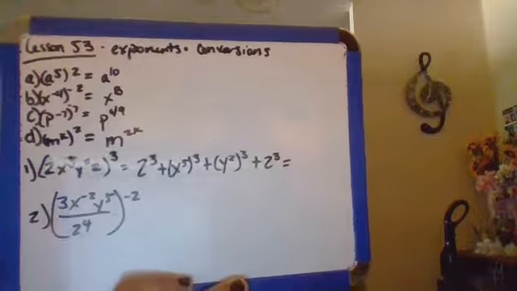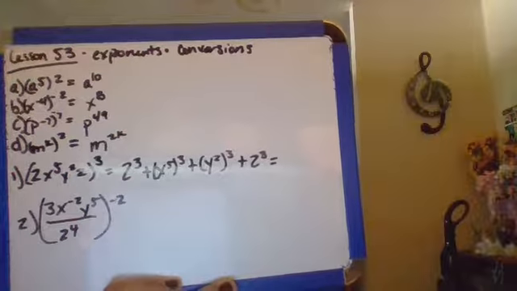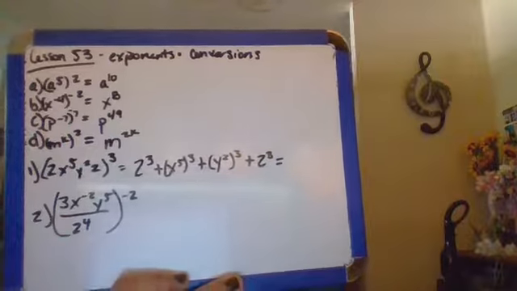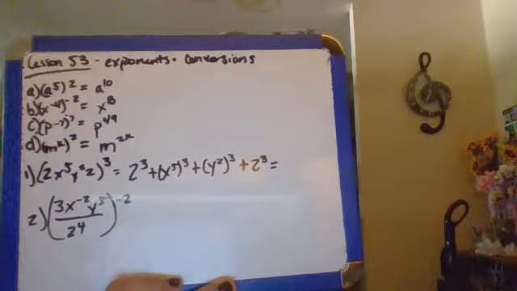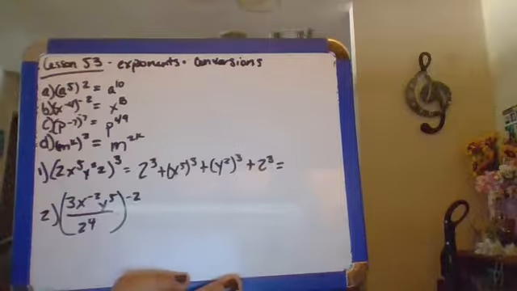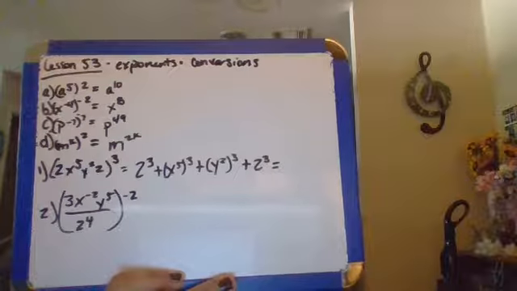So we have 3x raised to the power of -2, y to the power of 5 over z raised to the power of 4, all raised to the power of -2. So instead of just distributing it out, we're going to mentally do it.